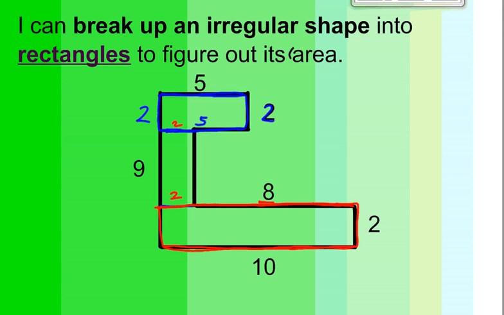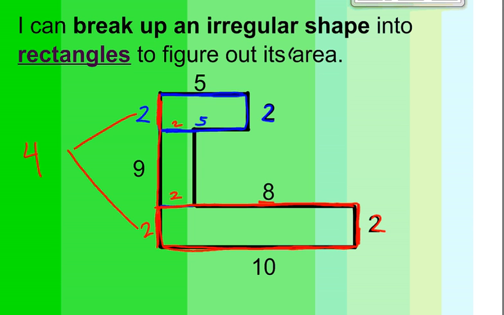Okay, now I want to look at the rest of my rectangle. If this side equals 2, then this side will equal 2, right there. And if this part of this line segment equals 2, and this part equals 2, I know that equals 4. If my whole line right here equals 9, I know that the 2 plus the 2 will equal 4.